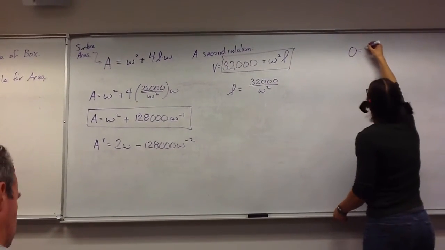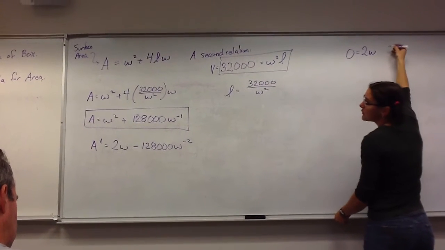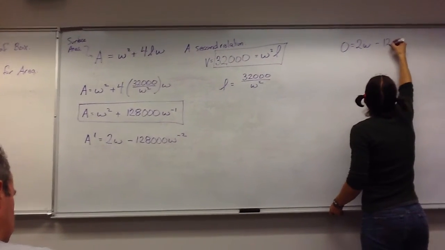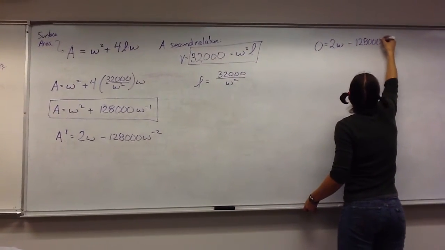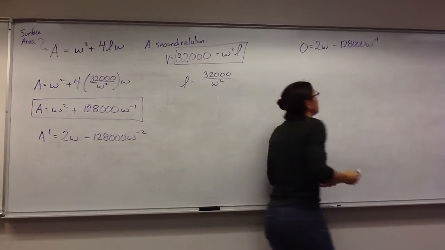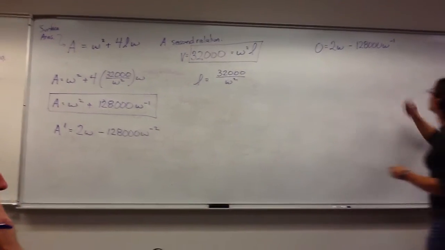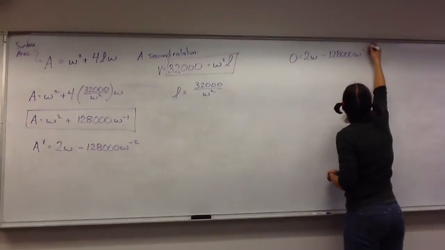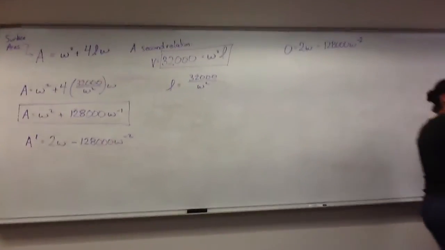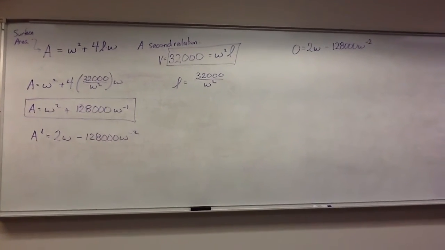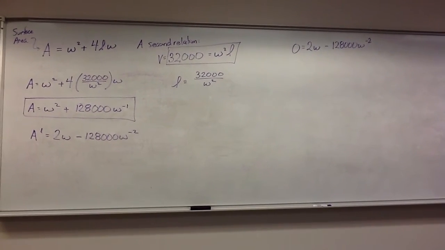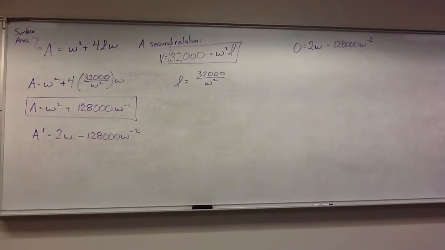So we've got 0 is equal to 2W minus 128,000 W to the negative 2. Thank you, I lost one of those W's. Any questions so far?